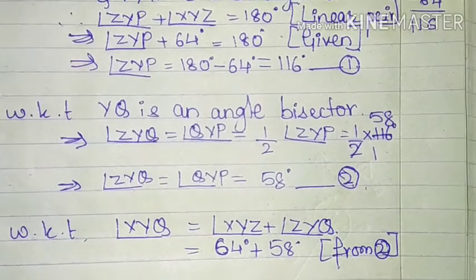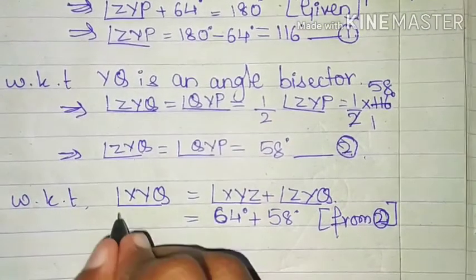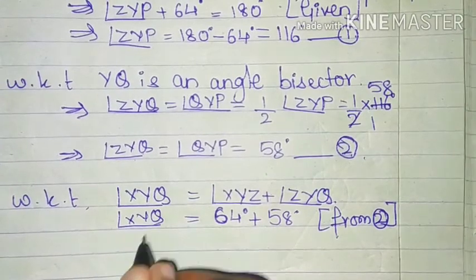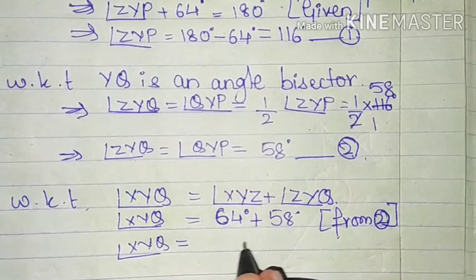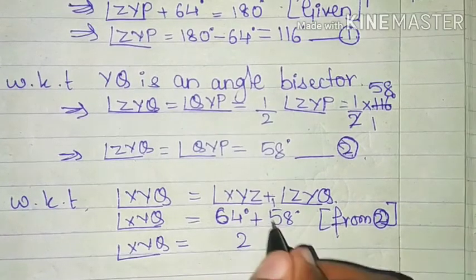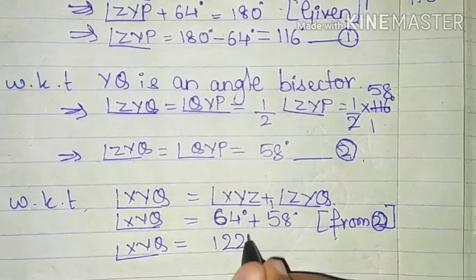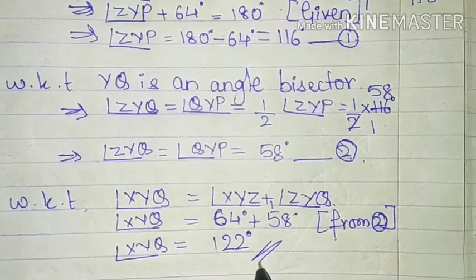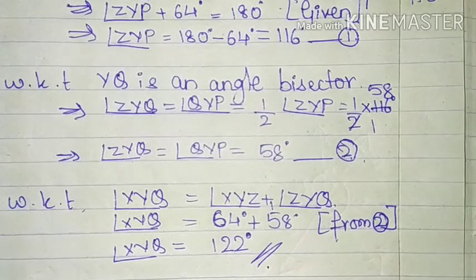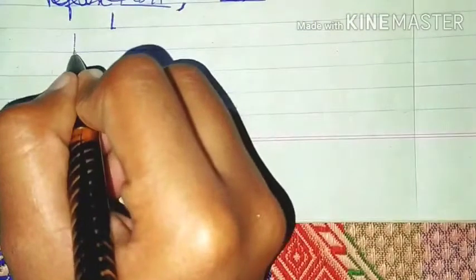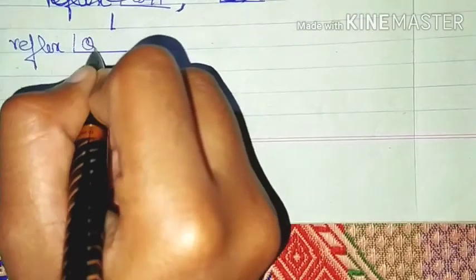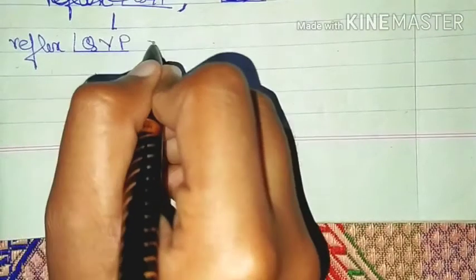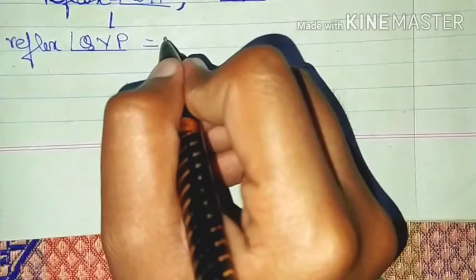So on adding we get angle XYQ is equal to 122 degrees. This is our first result.